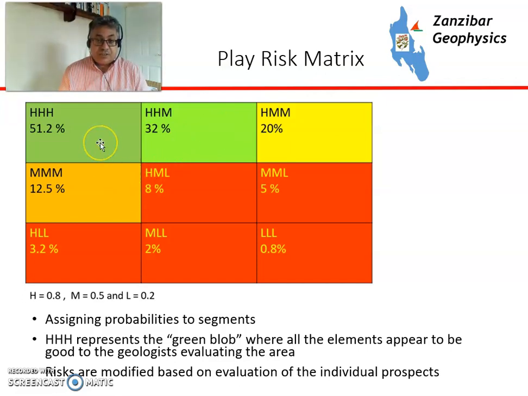So if your prospect is in the high chance of success area, where the baseline is 0.8, you may modify it to 0.9 with good local indications, or 0.7 with slightly poorer local indications. If it starts getting lower than that, then you're not really in the high zone anymore. You need to change your overall point of view. So risks would be modified in that way. That's one way of looking at it.